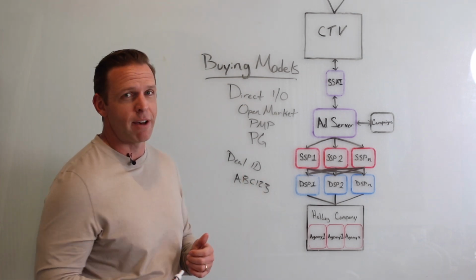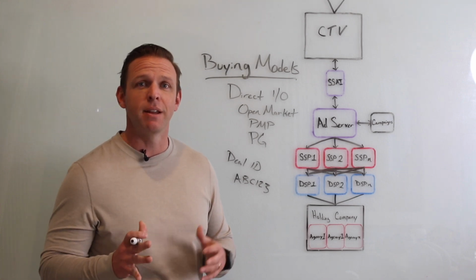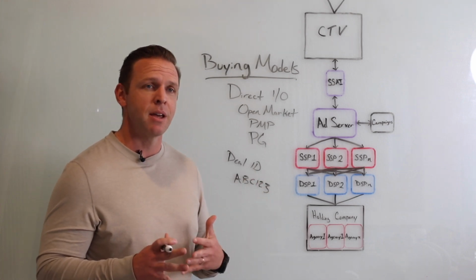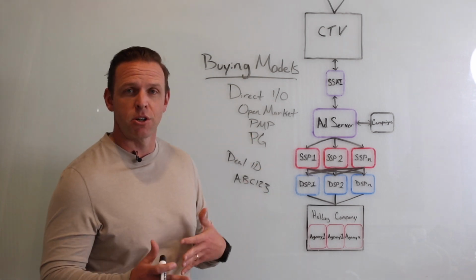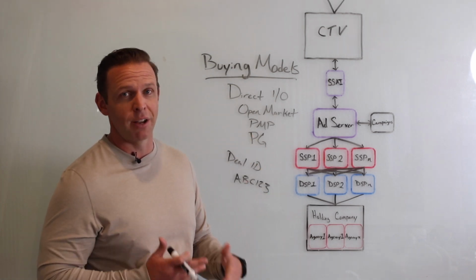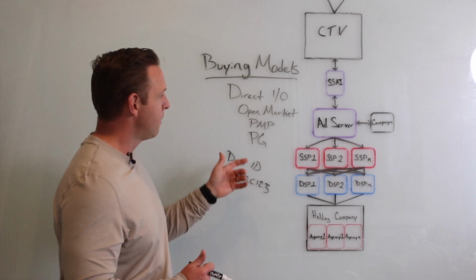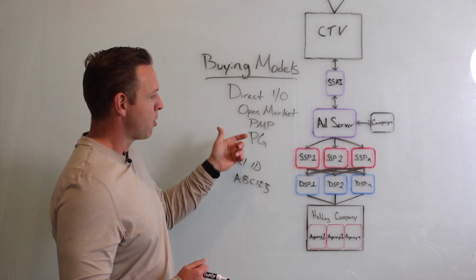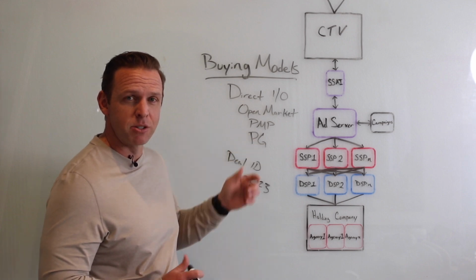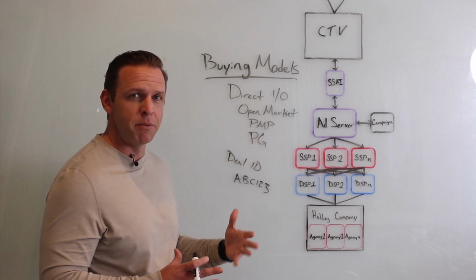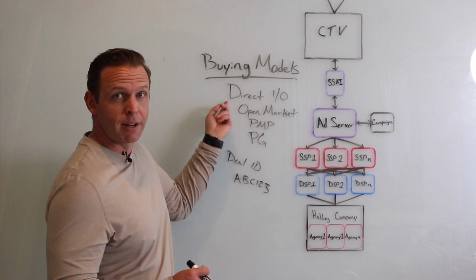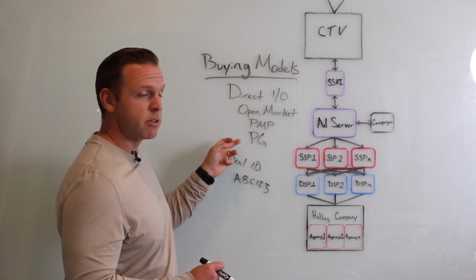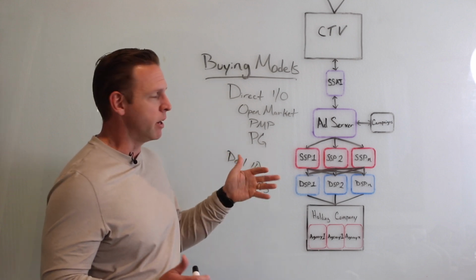They know that they have high value inventory that has a premium price attached to it, so they can ask for a certain rate on a Programmatic Guaranteed deal and not have it be biddable or open market. So that's where PG deals come into play. So when you have that high value premium inventory, PG is going to be the majority of what's sold, along with direct IOs, but PGs are taking more and more of the share every year.